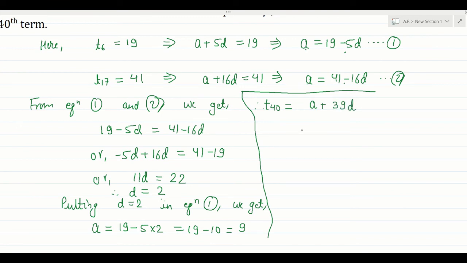A is 9 and D is 2. So it is 9 plus 39 into 2. So 9 and it is 78. So it is altogether 87. So 87 is the 40th term. Is this clear? Okay. Now let's go to next question.